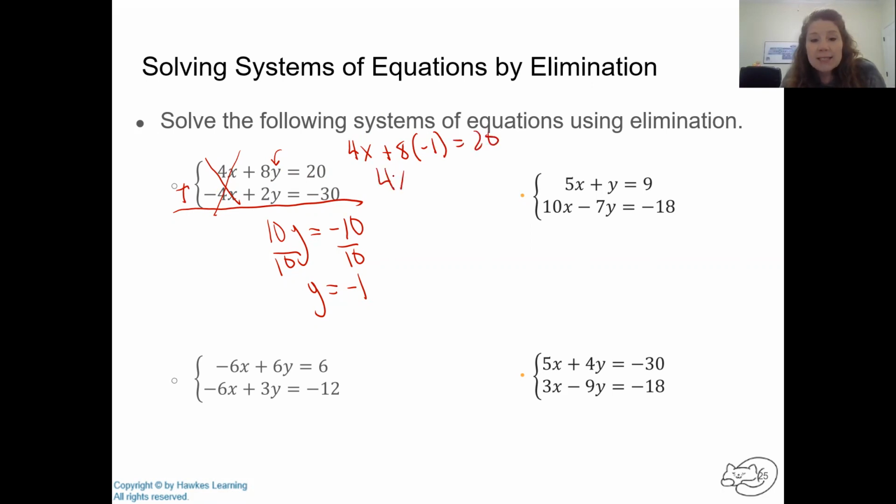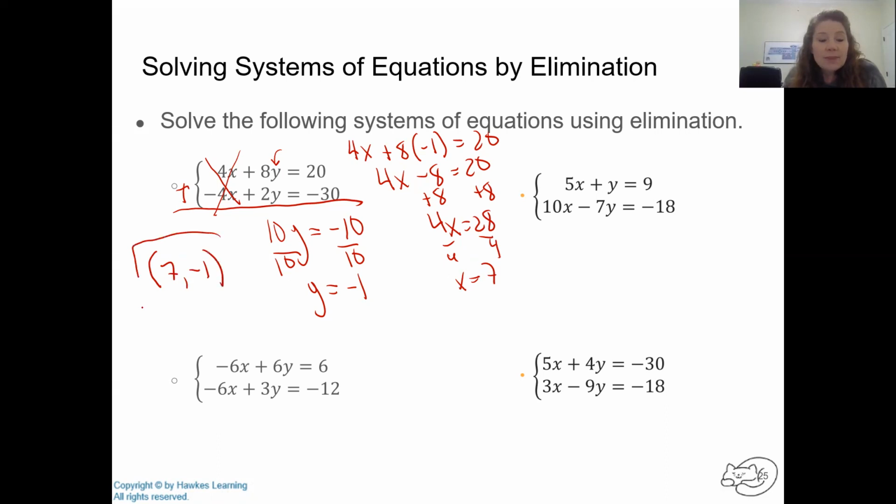So I have 4x minus 8 equals 20. I'm going to add 8 to both sides. So I have 4x equals 28, divided by 4, and x equals 7. So write your answer as an ordered pair, 7, -1. That's the answer.